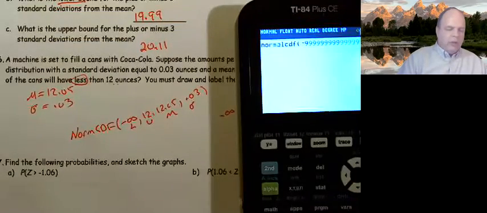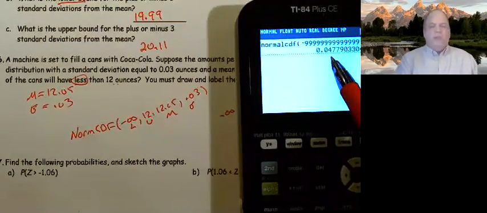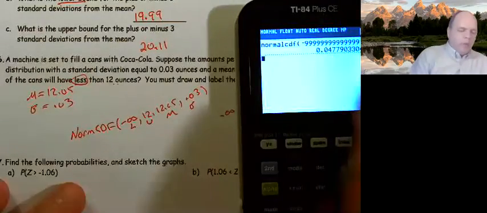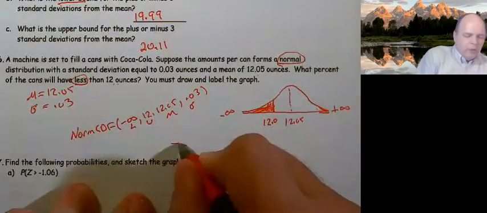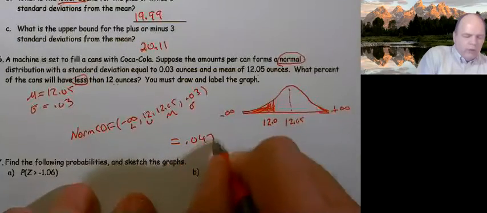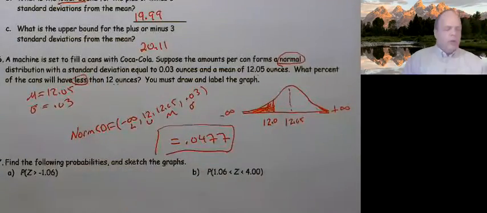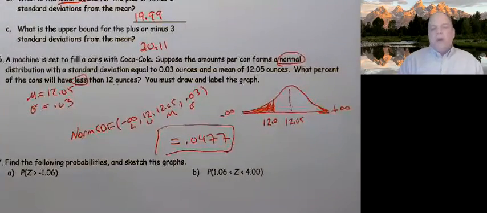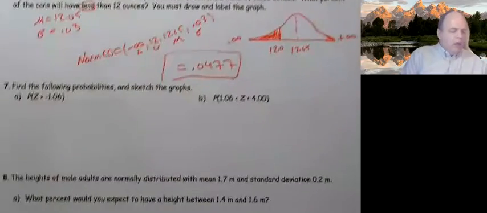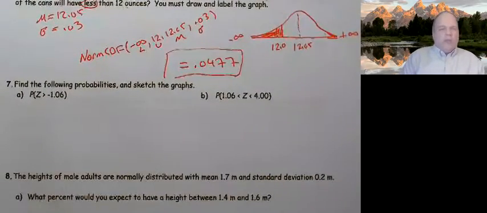And I find out that less than 5%, 0.0477, and remember, we always want to go to 4 decimal places. So less than 5% of the cans will have less than 12 ounces. So about 95% will have more than 12 ounces, which is good because that's what they advertise, 12-ounce cans.